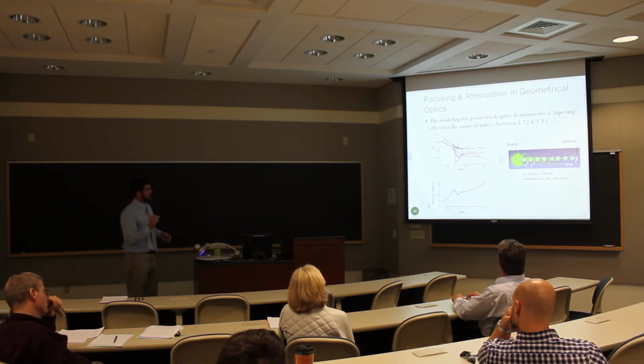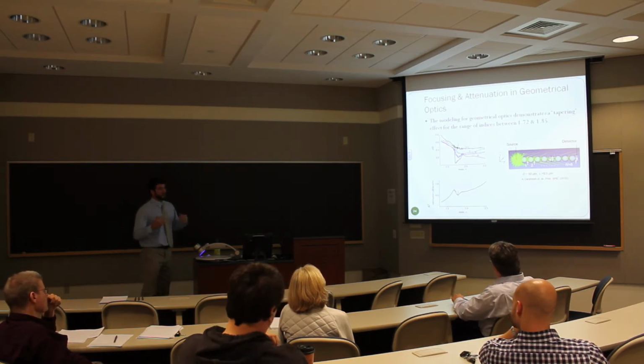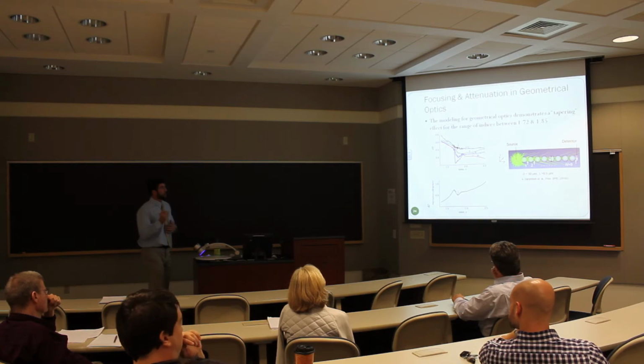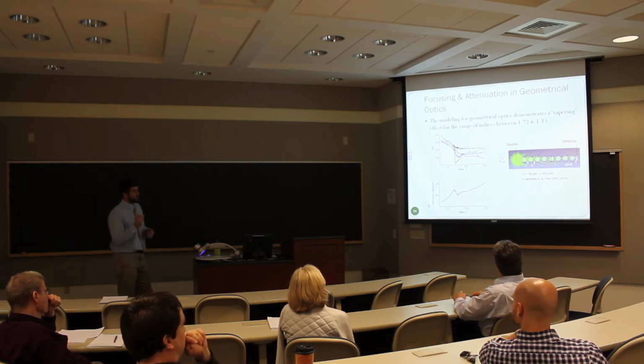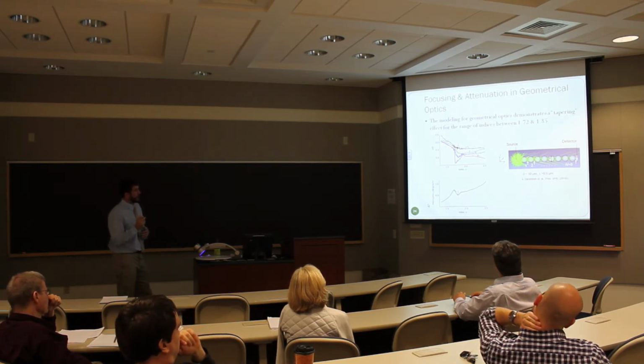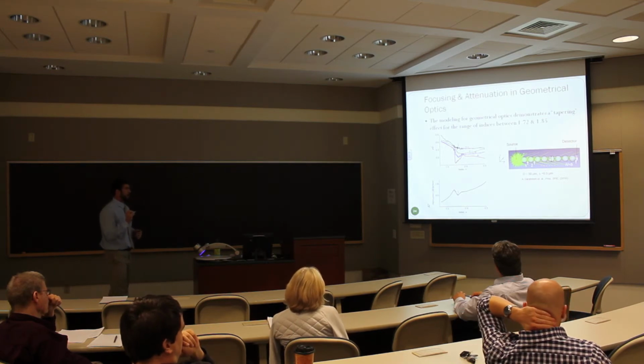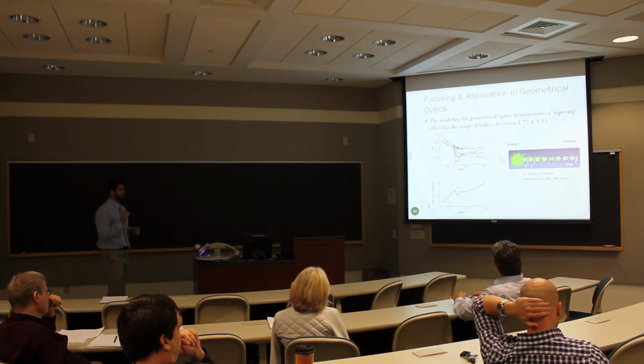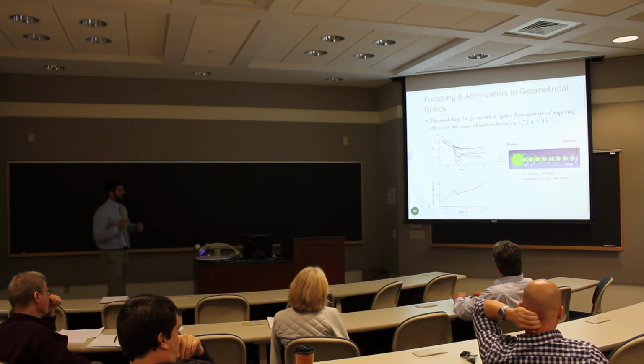So this plot here is the spot size normalized by the sphere diameter. The black curve is just the single sphere case. The green curve is 5, the blue curve is 10 spheres, and the red curve is 20 spheres.